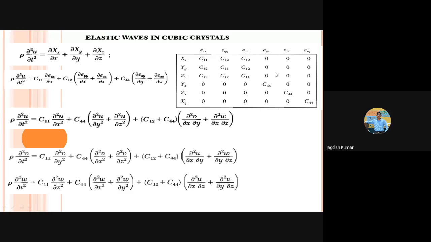The only thing that will change is this strain versus stress dependence, and then you may find additional components here. Maybe this is not equal to this, depending upon the symmetry of the crystal. And then by using those equations, we can calculate various other things for a specific crystal. So for a cubic crystal, we can obtain how waves are going to propagate in the crystal along various directions.